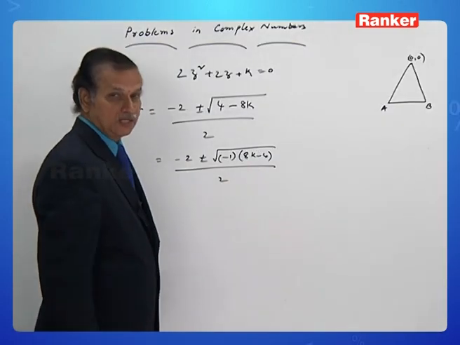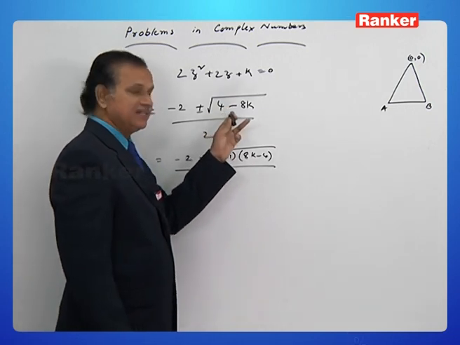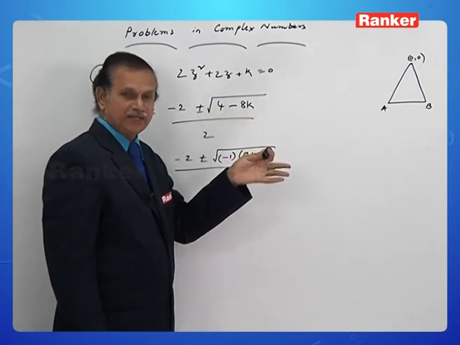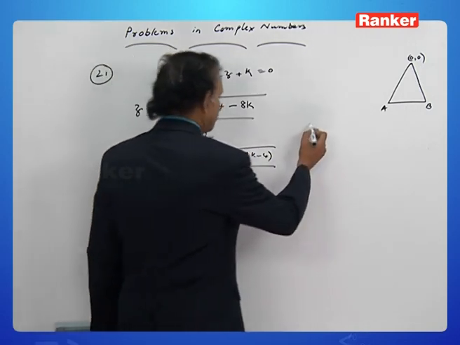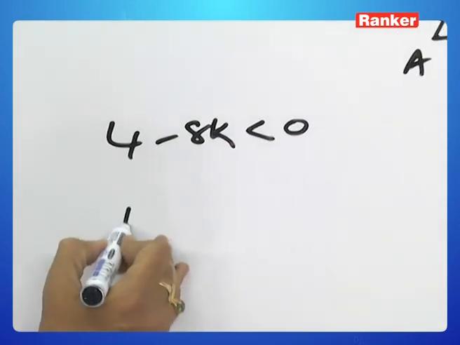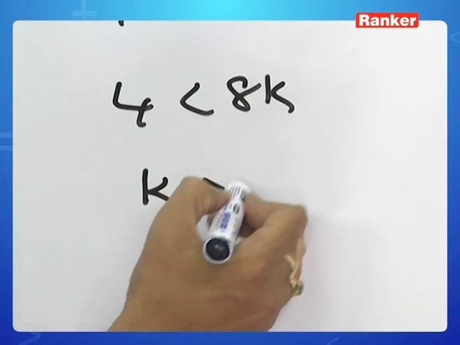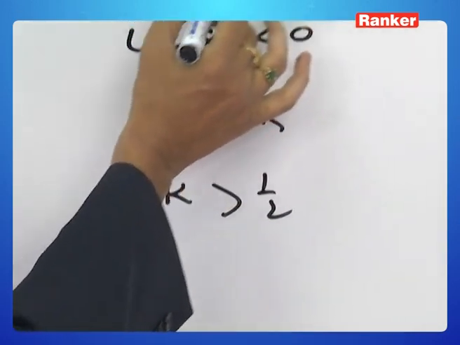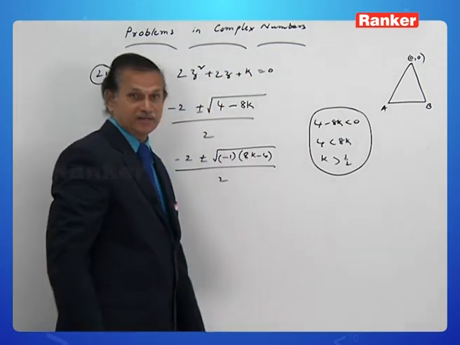Why? Because as it is a complex number, this 4 minus 8k is definitely less than 0. You have to observe that 4 minus 8k is less than 0. That is 4 is less than 8k. That is k is greater than half. Please keep this in mind. K must be greater than half.